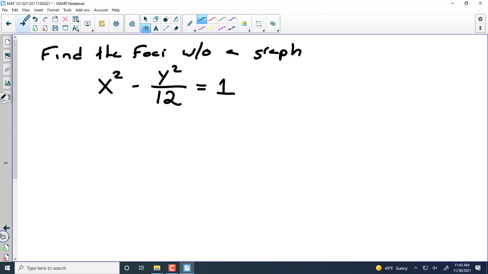Who hates this problem? Who has a way we can make it look a little bit better? What do you want to do to make it a little better? Right, the first one over 1. Let's do that.